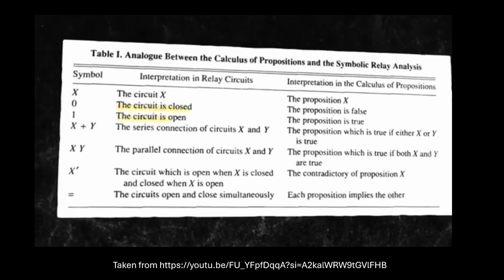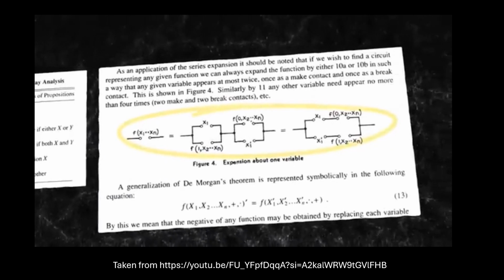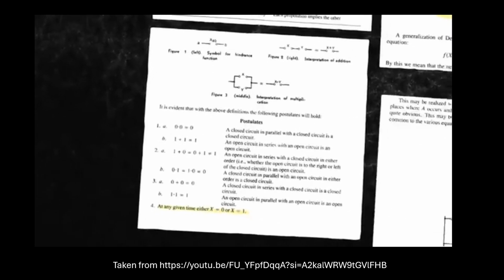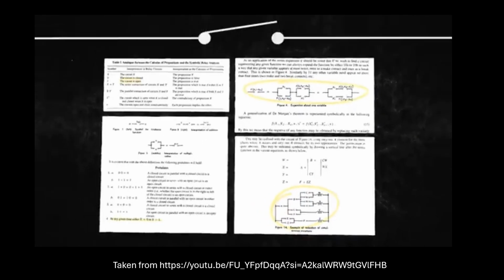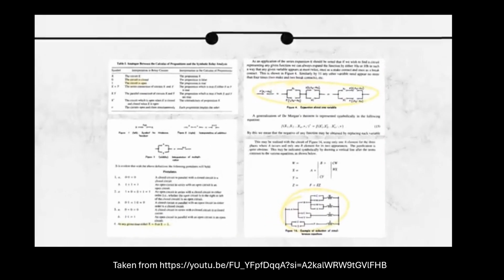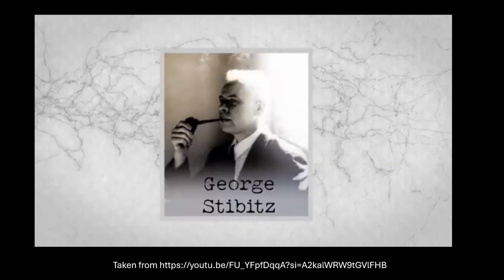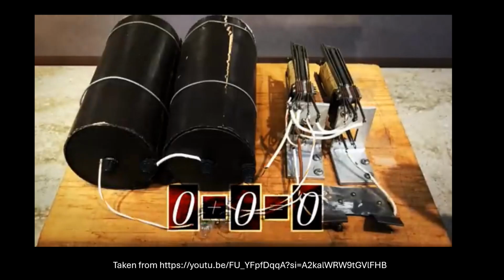What Shannon realized is that Boole's operations could be represented as electronic circuits, that there was an equivalence between mathematical statements and electric circuits. All you needed to realize these circuits in the real world were a couple switches. That same year, 1937, George Stibitz built the first digital calculator. It could add 2 one-bit binary numbers.